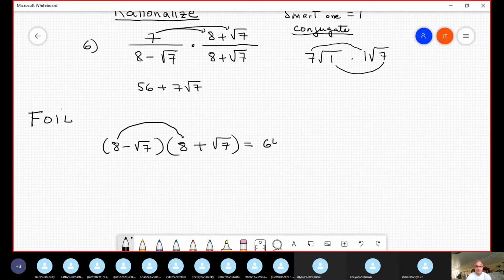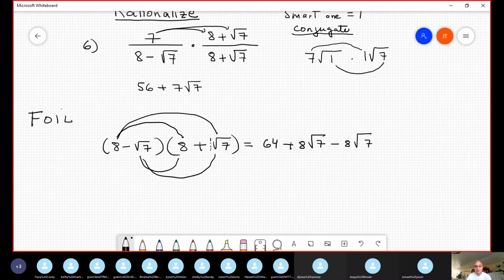This is 64. This is 8 radical 7, because you multiply 8 times the invisible 1 we have here, right? Likewise, this is minus 8 radical 7. And this is minus radical 7 times radical 7. You know, radical 7 times radical 7 is 7, no? And so it is 7.